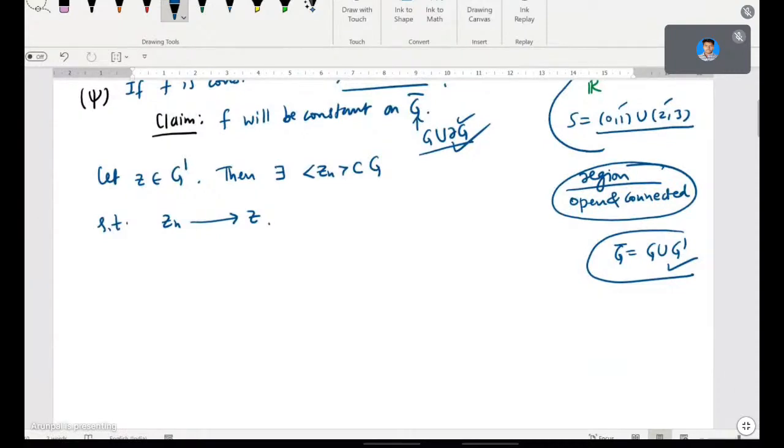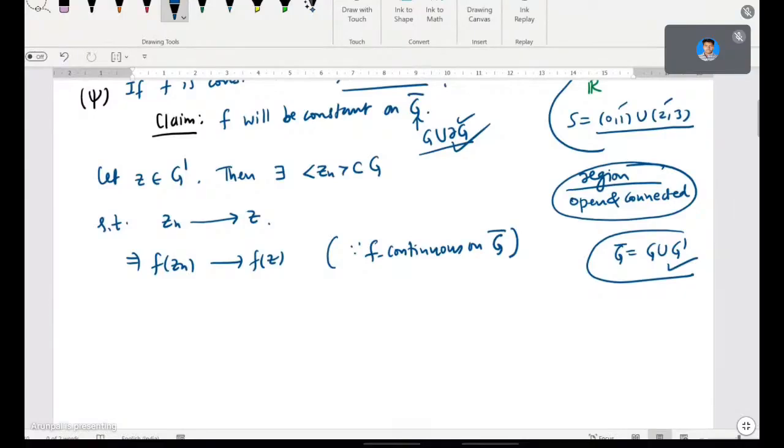And this implies that f of zn will go to f of z. Why, class? Because you are given that f is continuous on G bar. So I have used the continuity of f.